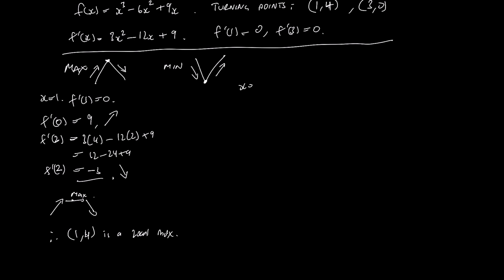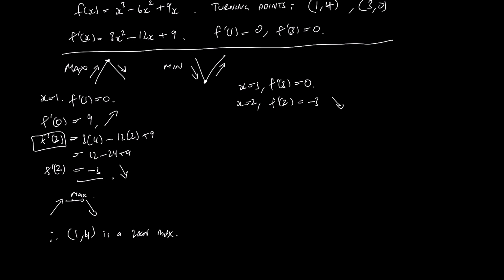Now let's consider when x equals 3. So when x equals 3, f dash 3 equals 0. So now let's first try a number lower than 3. Let's try x equals 2. Well, we've already solved that over here. So we know that when x equals 2, f dash 2 equals minus 3, which is negative or sloping down.